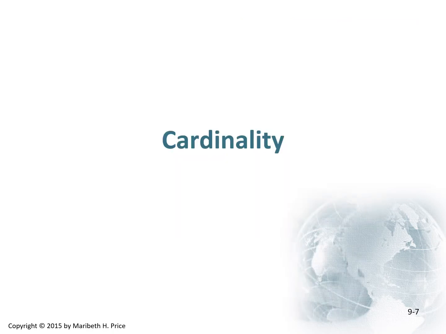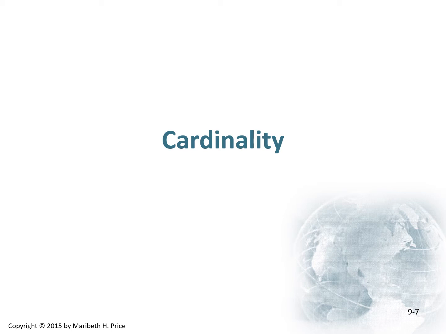This brings up the topic of cardinality, and cardinality has a lot of different meanings in some contexts. Cardinality is north, south, east, and west. It has to do with direction. But inside the middle of GIS, that's not what cardinality means.